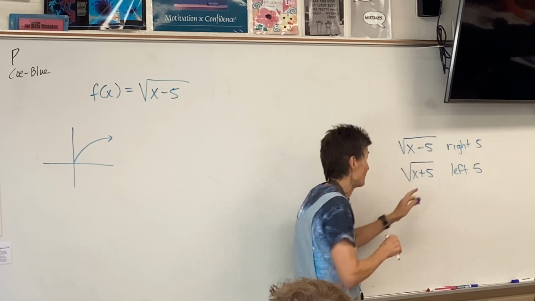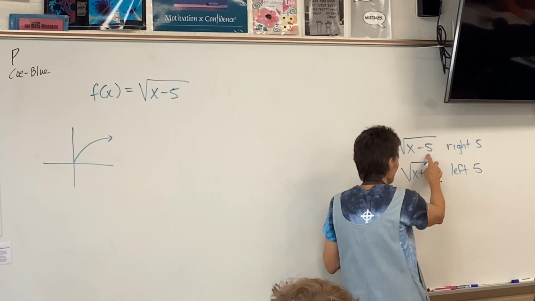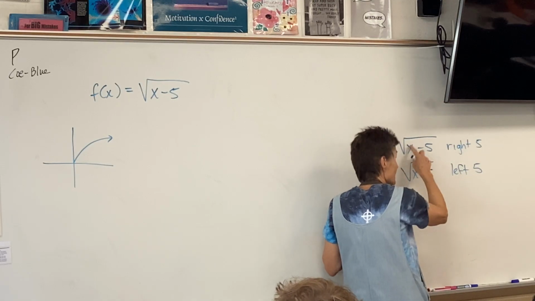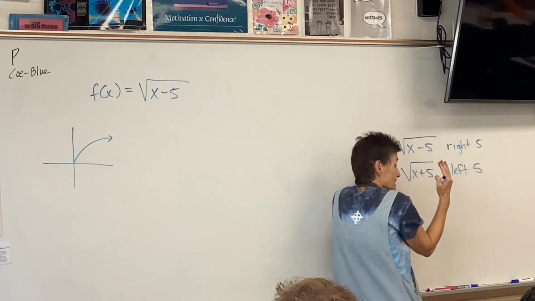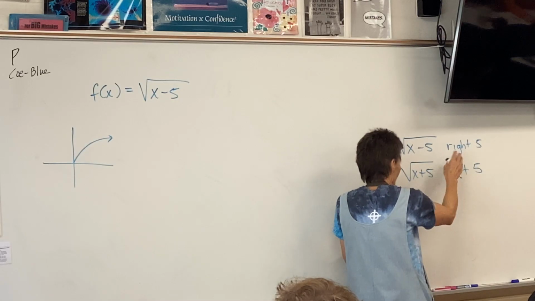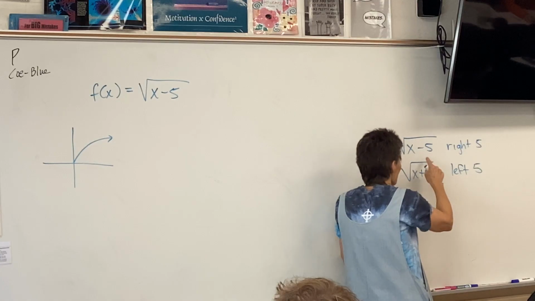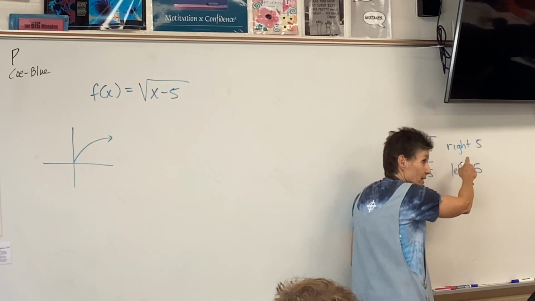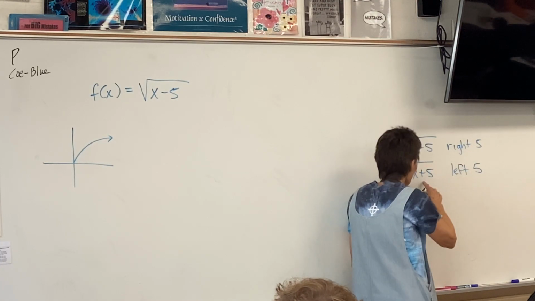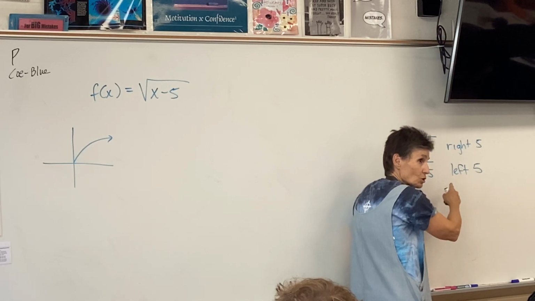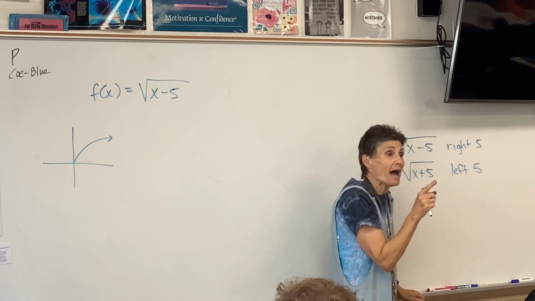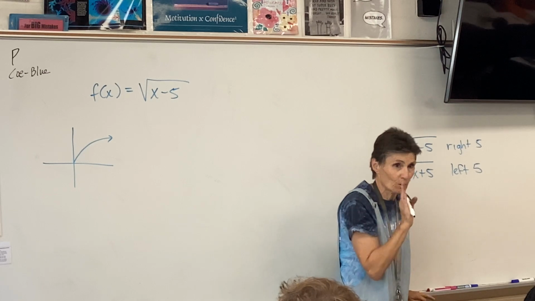This is what happens. So if the 5 is underneath the square root, if it's attached to the x, you're going to go right or left. If it's -5, it actually goes right. And if it's +5, it actually goes left. Now that is not different than what you already know.